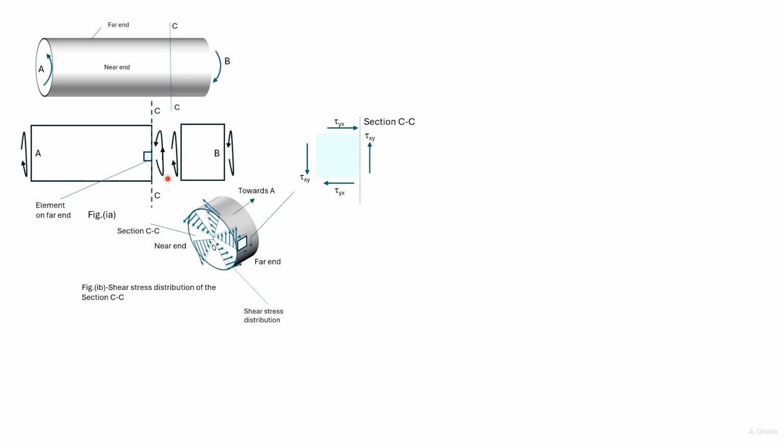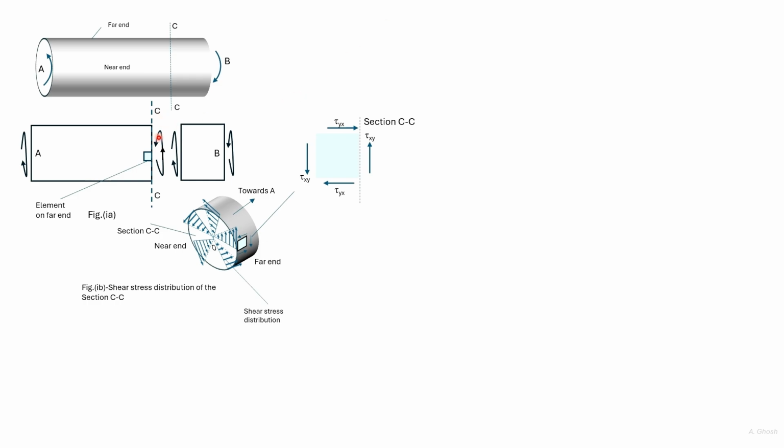If we look from the right side, the portion to the left of CC, then we see that this torque is acting in an anti-clockwise direction. We consider the face of the bar nearer to us as the near end and the face of the bar on the further side as the far end.